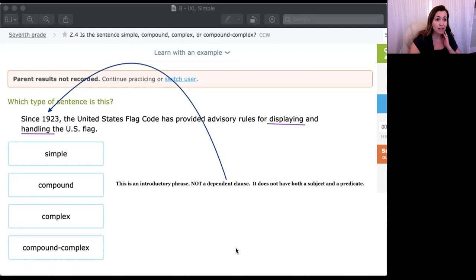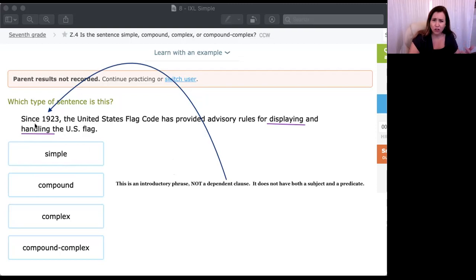So it is: Since 1923, the United States Flag Code has provided advisory rules for displaying and handling the US flag. So what's happening here? Are we starting with a dependent clause? Well, "since 1923" and then a comma makes people think, oh, that's a dependent clause, which means maybe we're dealing with a complex or compound-complex sentence.